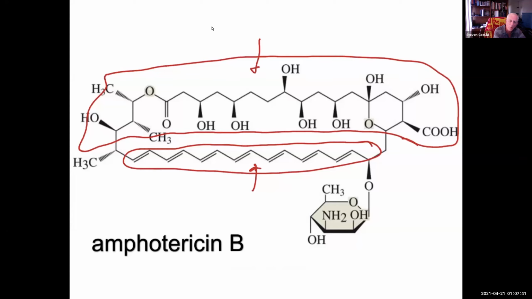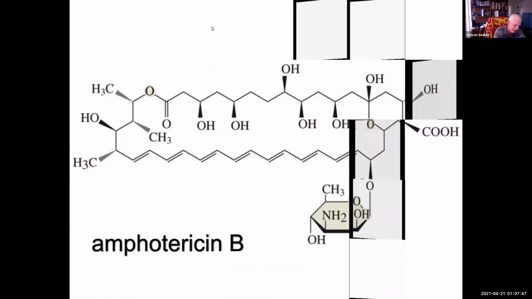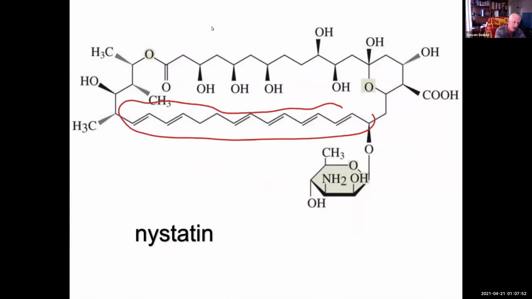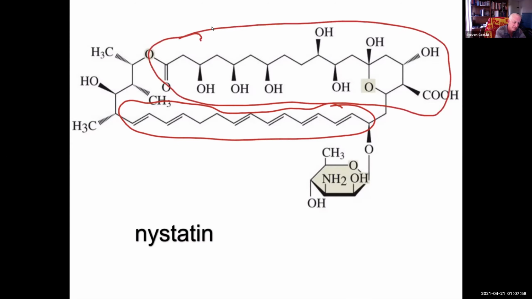This basically allows you to put a hole through the membrane and kill the fungus. That's the ergosterol background. Nystatin's the same way. Here's your hydrophobic part that binds into the membrane where it's hydrophobic, and this sticks out of the membrane because this is polar. Those OH groups are all polar. So again, it causes the same disruption of the cell membrane and makes it leak.